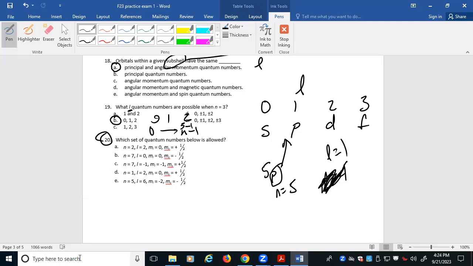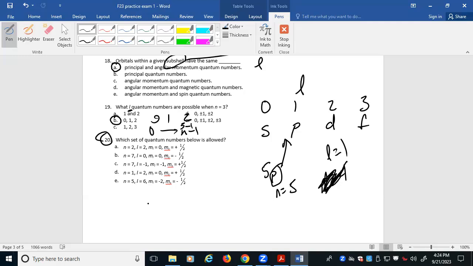Which of these sets of quantum numbers is allowed? Well, I need to look for obvious mistakes. When we did this kind of example in class, that was the thing I was trying to teach you then. Look for obvious mistakes. Look for n values that are negative, because we know that there's no such thing as a negative energy level.